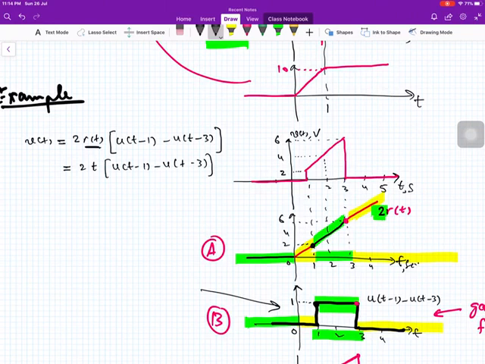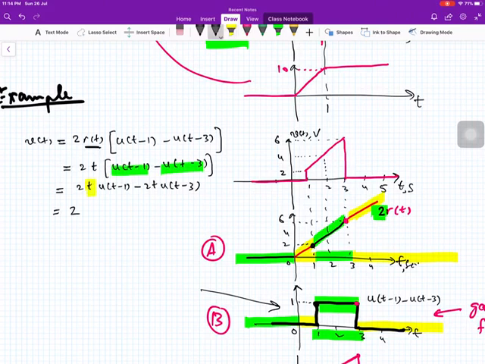And then we can further manipulate it. This is 2t u(t-1) minus 2t u(t-3). We multiply it inside. And then we do a little manipulation to this t over here.